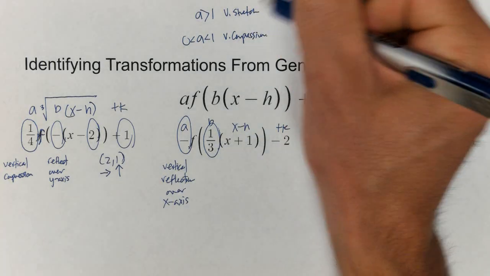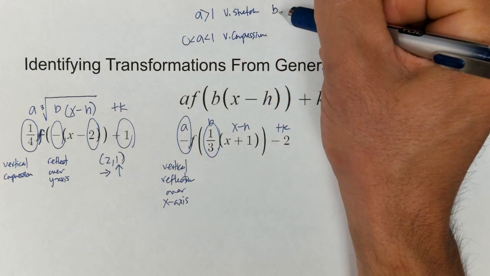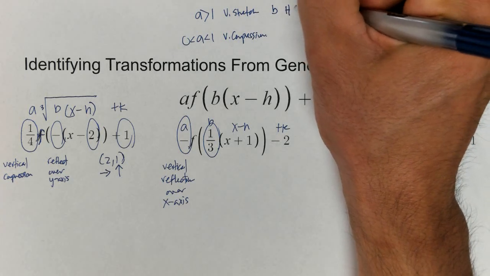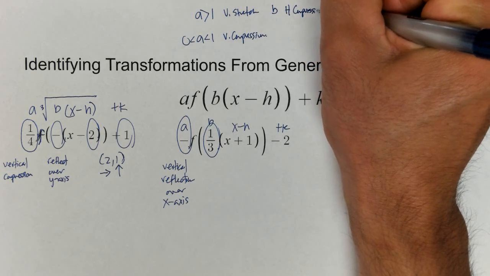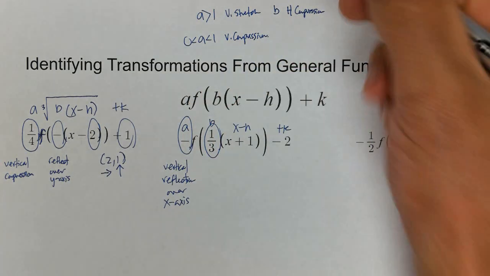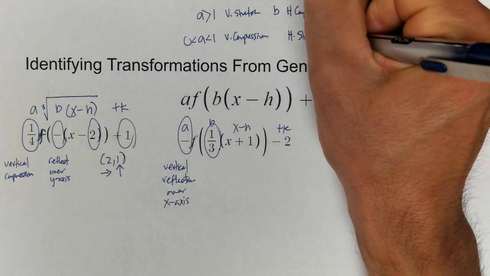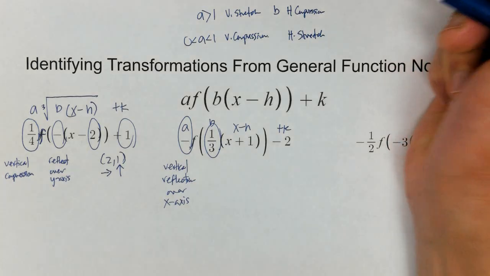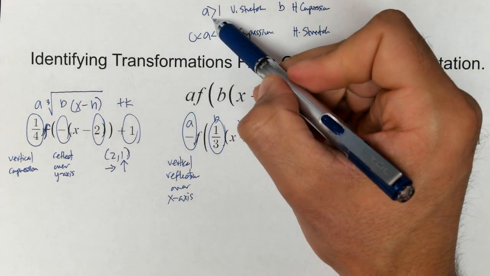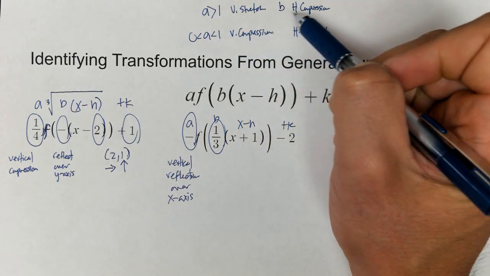So if we're doing a vertical stretch, for b the value is going to be the inverse relationship. So for b, we're dealing with a horizontal compression. And when it's a vertical compression, b is going to be a horizontal stretch.